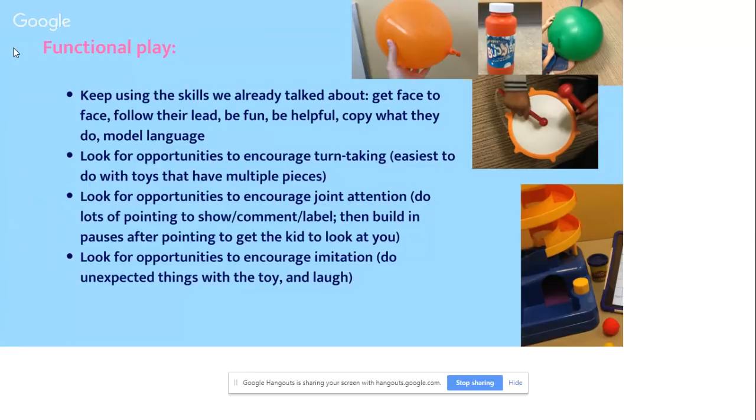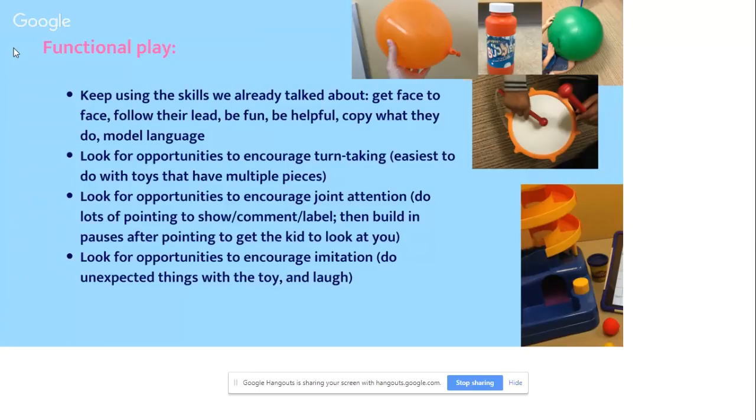So you might be saying, look, or cool, or ball, whatever. And after a while, they're going to follow your point. They're going to be expecting something amazing, like when you point, there's something interesting. Then eventually you're going to build in expectant pauses after you point so that the child looks at you. There's more to do with that, but that's a good thing to do to get started.